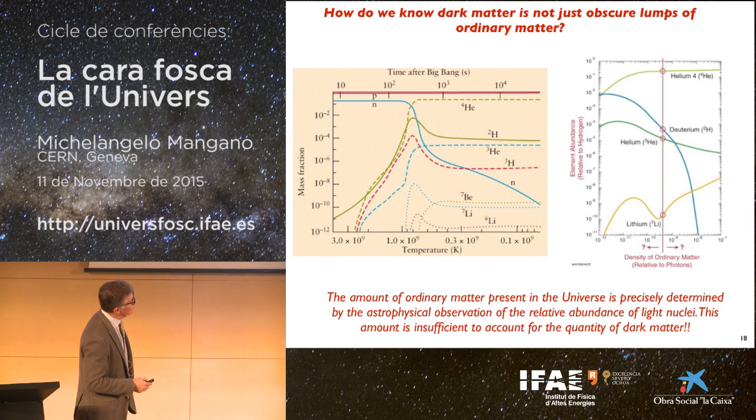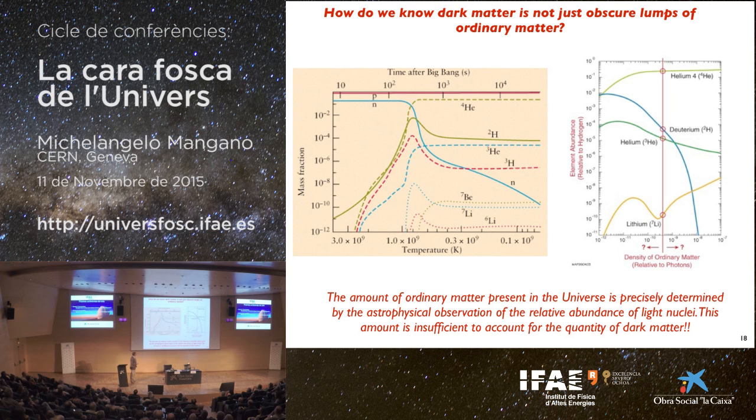And this is what comes out. The input is the measurement of how much lithium, helium, deuterium, and helium-4 there is. You see that if we were to choose a different amount of ordinary matter, for example, here, we would not be matching, then we would have a line going up, and we would find less helium than we have, more deuterium than we have, more helium, and a different amount of lithium.